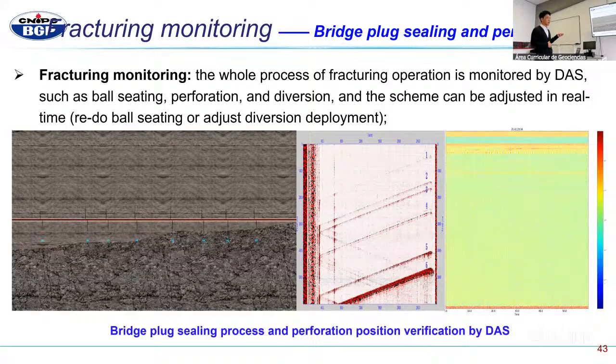And this is why this monitoring is good, because this is in real time. Otherwise, if you are using other techniques like microseismic, it is also real time, but for others, like logging, it is after the fracture evaluation.